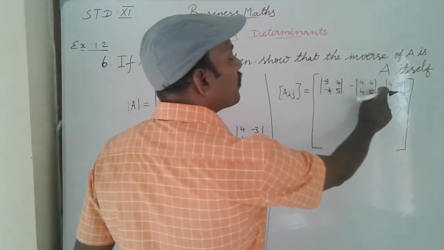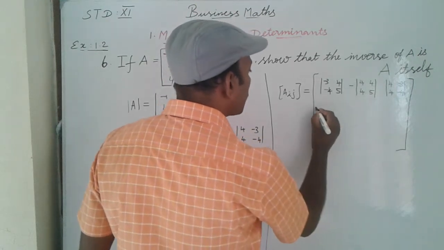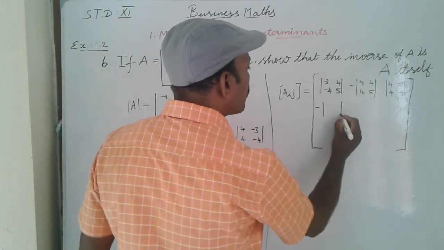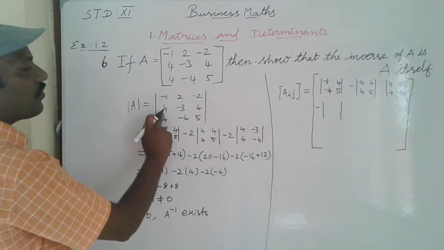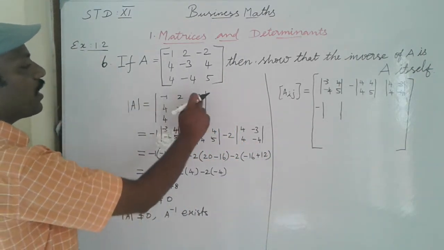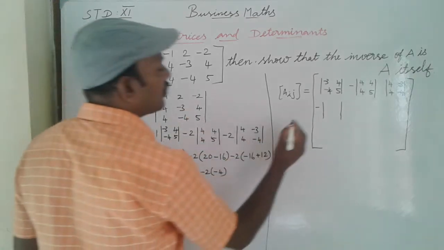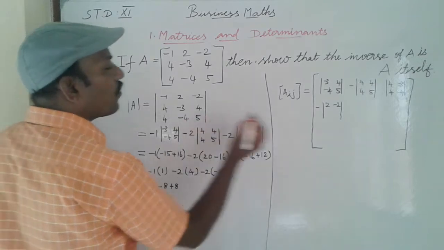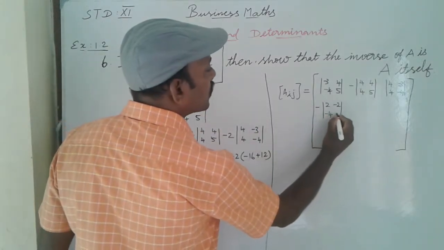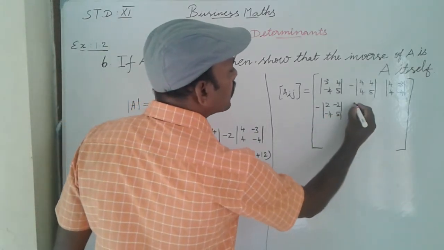Here the symbol is minus. Next is the cofactor of 4, with the remaining row and column elements 2, minus 2, minus 4, 5. Next is the plus symbol.